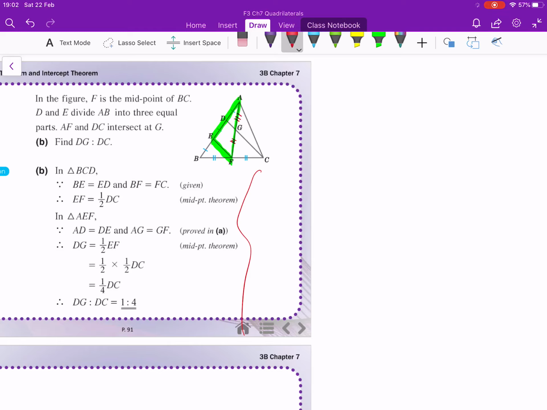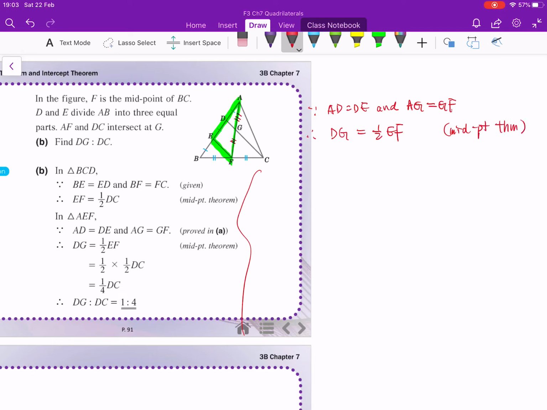For the solution in the book, read it yourself if you want. Since AD equals DE and AG equals GF, both of them are midpoints, therefore I have DG equals half of EF. Okay, this is the midpoint theorem.